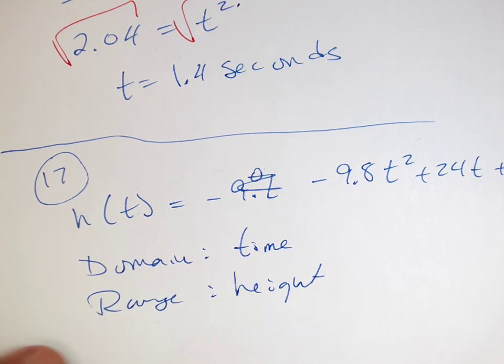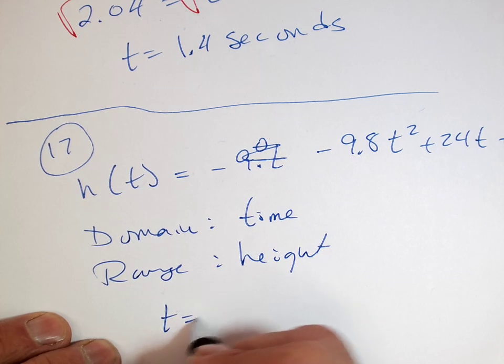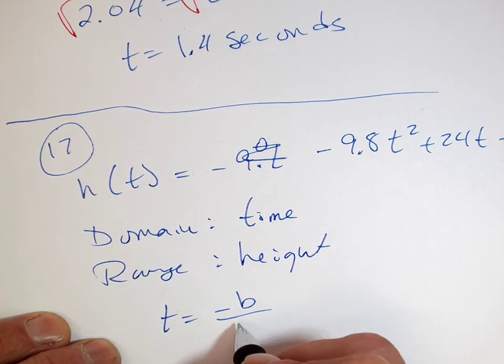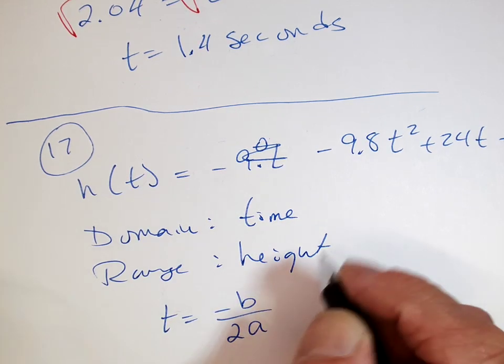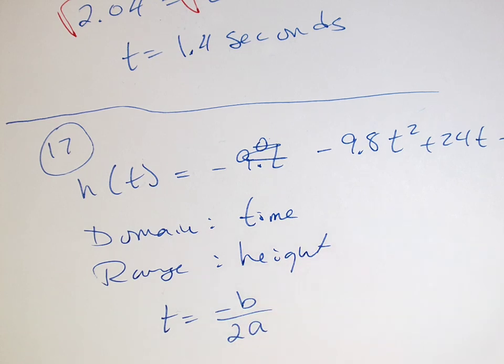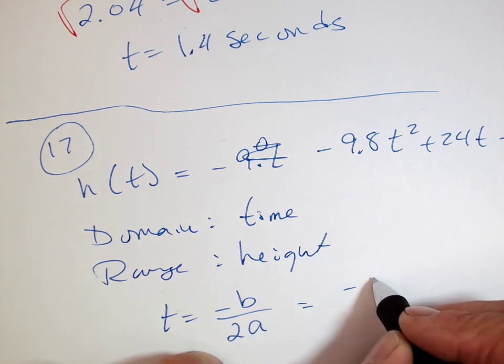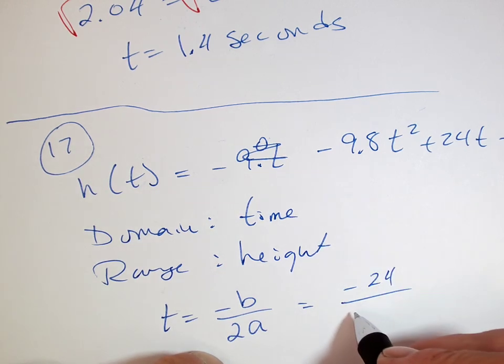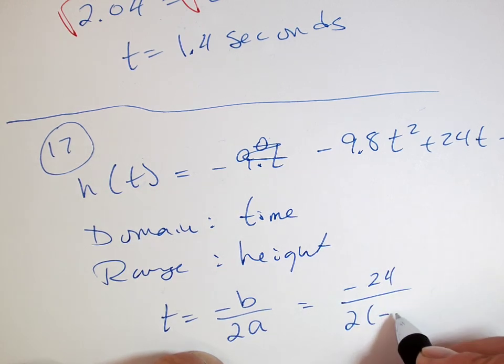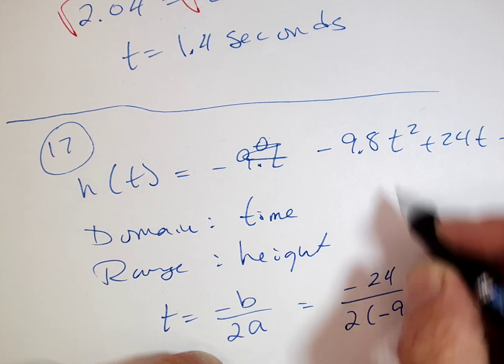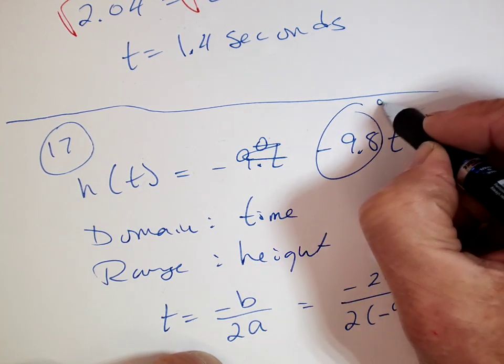Well, let's use our t equals negative b over 2a, because that's the vertex, the highest point, and it's in standard form. So let's use negative 24 over 2 times negative 9.8. Here's my a and my b, right?